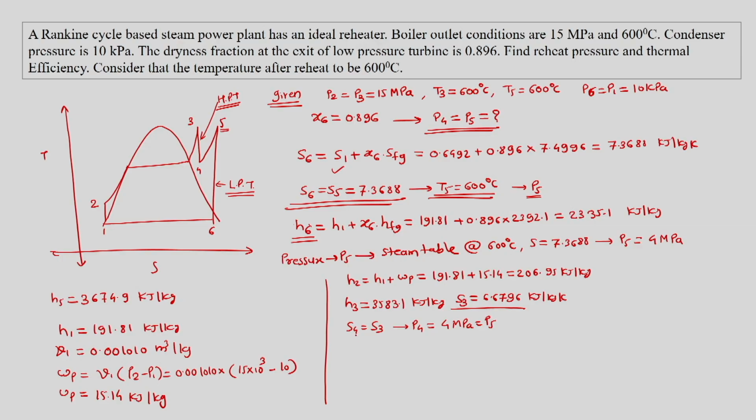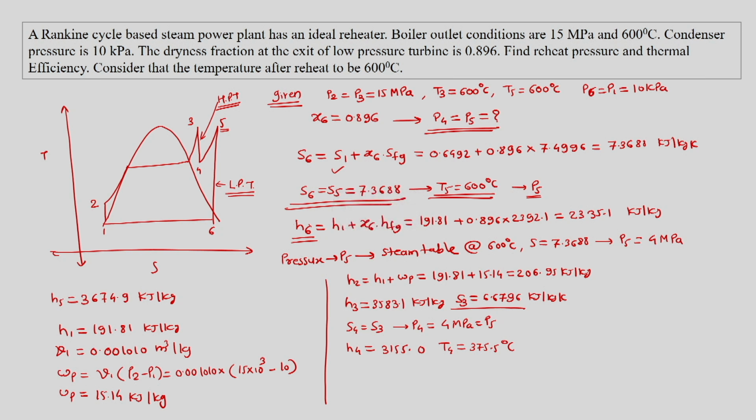So here we will get H4 equal to 3155.0, since T4 turns out to be 375.5 degrees Celsius. So we can go ahead and do the next calculations, for Q in.